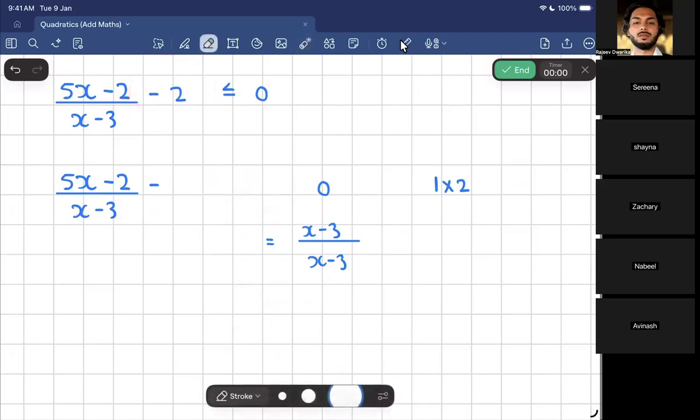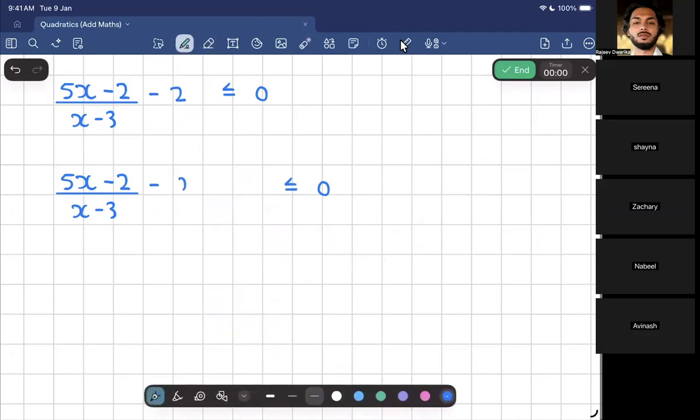Let me run that back one more time so they understand. I'm going to write back the 2. I want a denominator of x minus 3.